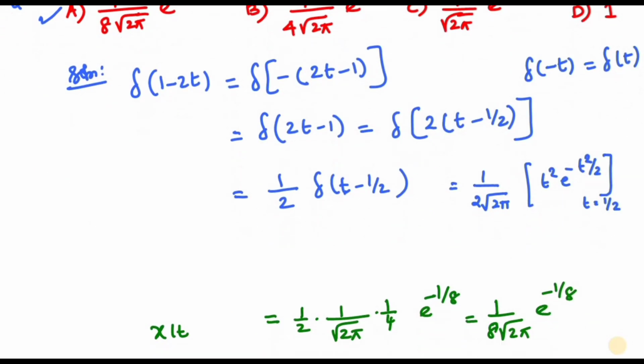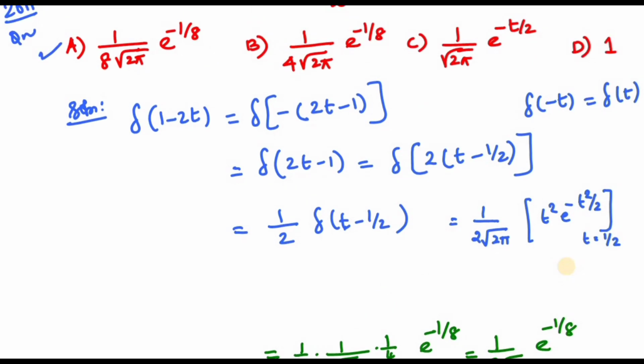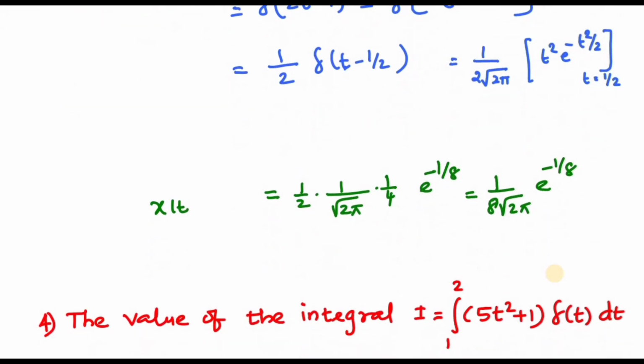So I will get 1 divided by 2 into 1 divided by root of 2 pi. So here 1 by 2 squared is 1 by 4 into e power minus 1 by 8. Okay. So if I solve, I will get 1 divided by 8 root of 2 pi e power minus 1 by 8. So A is your answer.